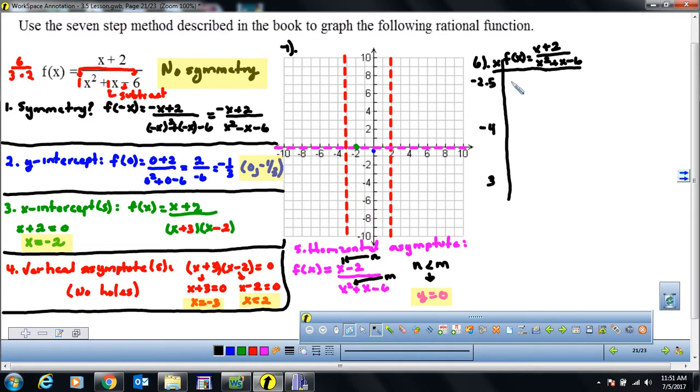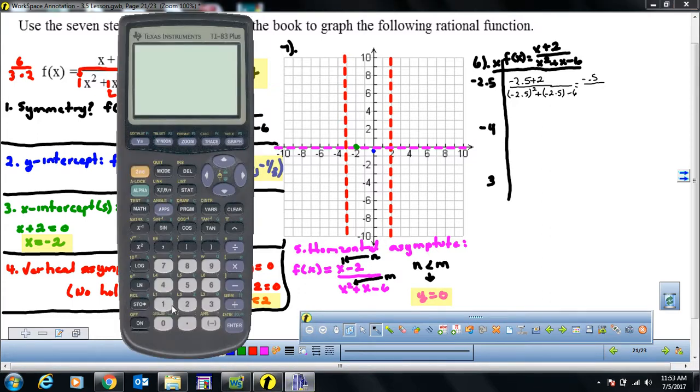So we're going to have x, which is negative 2.5 right here, plus 2, divided by x, which is negative 2.5 squared, plus negative 2.5, which is x, minus 6. Let's do that here. Negative 2.5 plus 2 is negative 0.5, divided by negative 2.5 times negative 2.5, which is 6.25. So we put negative 2.5 and we square it.